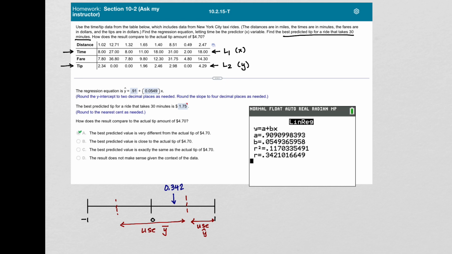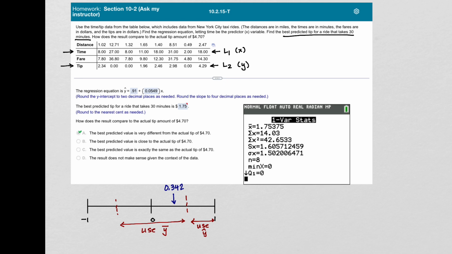So how do I find the mean of the Y values? Well, I've got the Y values in L2. So I'm going to go into one variable stats and find the mean for the values in list 2. And so here, I know it says X bar, but this is really Y bar because it's the values from list 2.